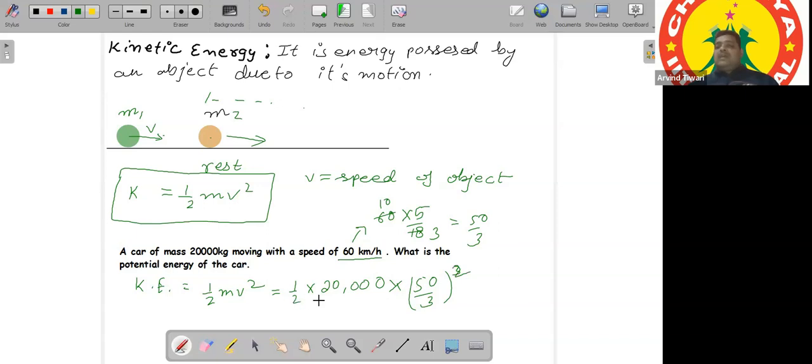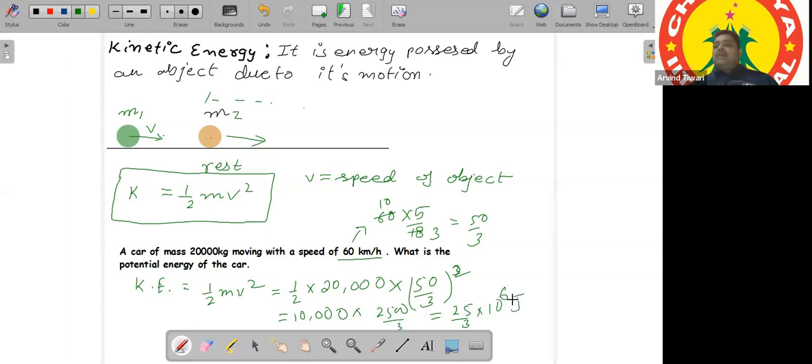Cancelling this, you get 10,000 multiplied by 2500 by 3. Collecting all the zeros, you can write 25 by 3 multiplied by 10 to the power 3 plus 4 plus 2, 6 joule.